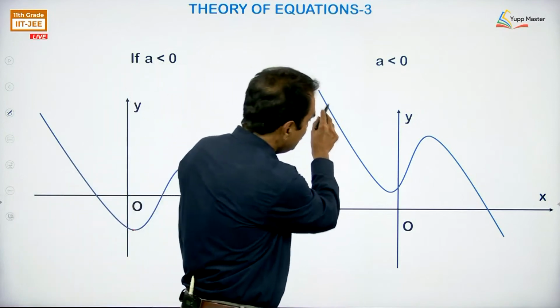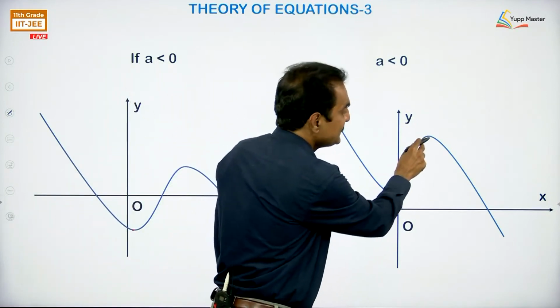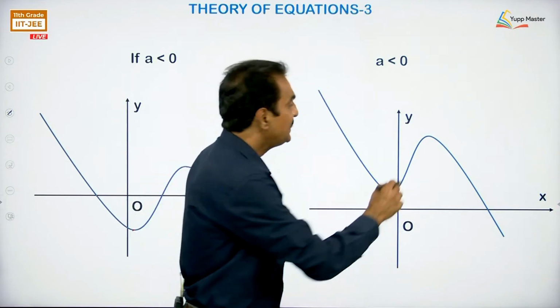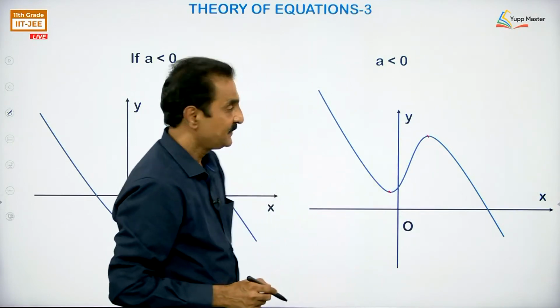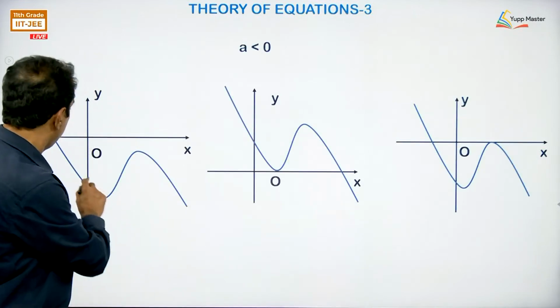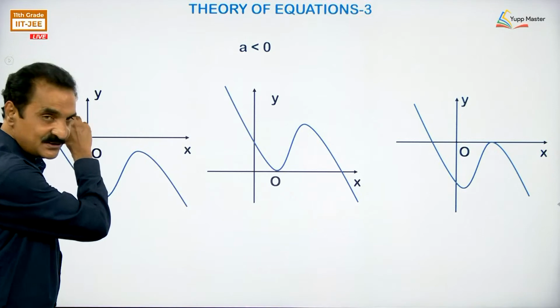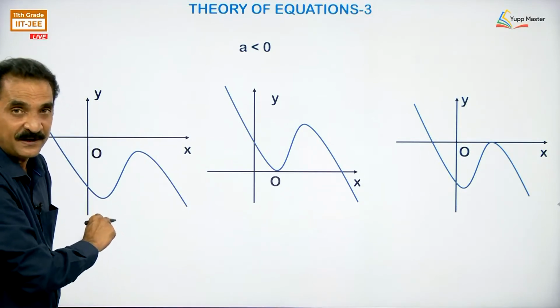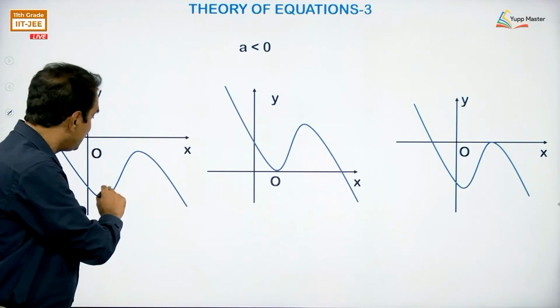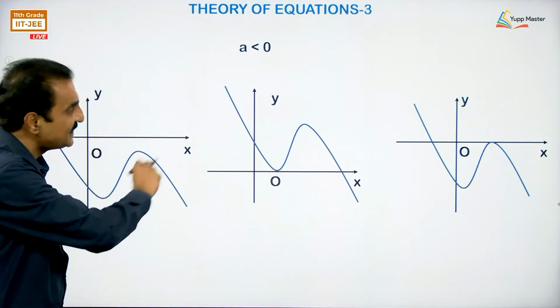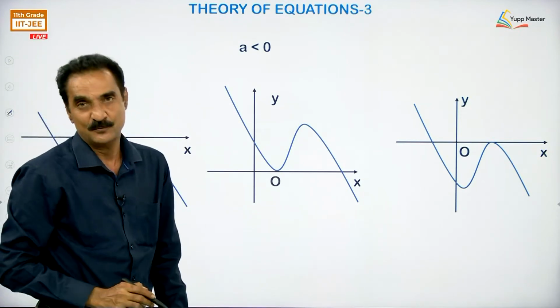Similarly here graph decreases, then increases, then decreases. So here it is said to be minimum, here it is said to be maximum, and again in different positions when a is less than 0. When a is less than 0, graph starts at infinity, decreases, attains a minimum, increases, attains a maximum, then decreases. This is the general shape when a is negative.